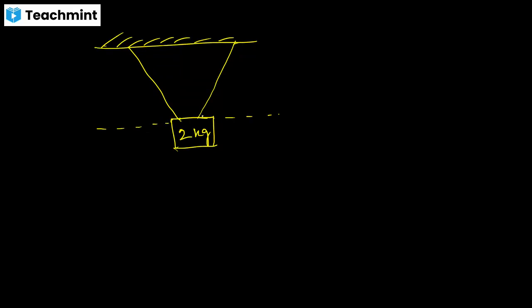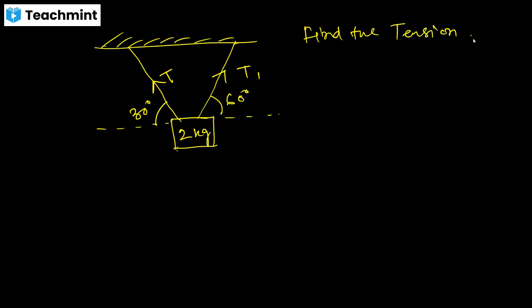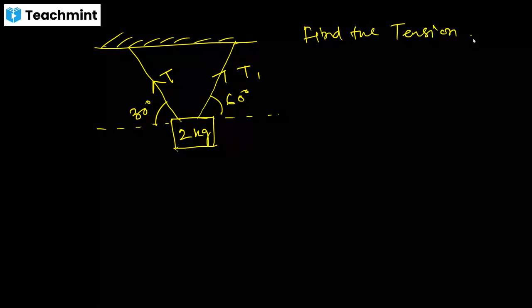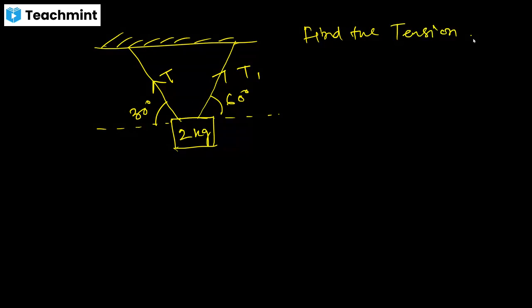For both of the cases, the angle of inclination is different. Suppose this is 30°, this will be 60°. So obviously the tension force which is acting along this one, if it is T, then this will be T1. Now you have to find the tension force. Finding of tension is also a tension, no? Just find out the tension force.